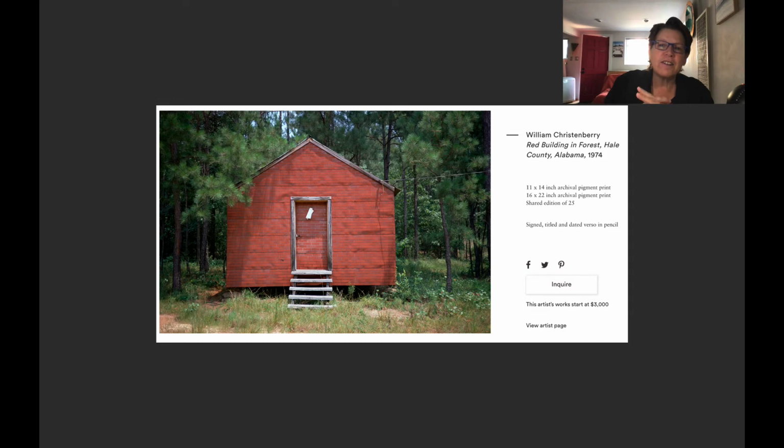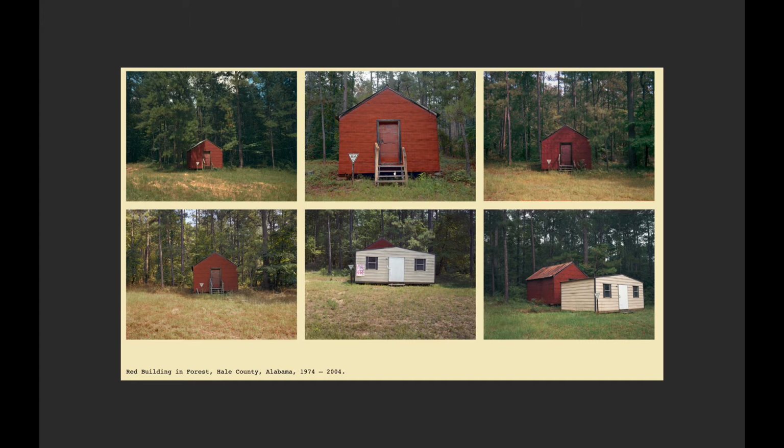This next artist is William Christenberry. He's an artist and a photographer, and he would take the same drive every year and photograph the same buildings, the same locations, year after year after year. So I'm going to skip past that middle one there for a second. I had them out of order.